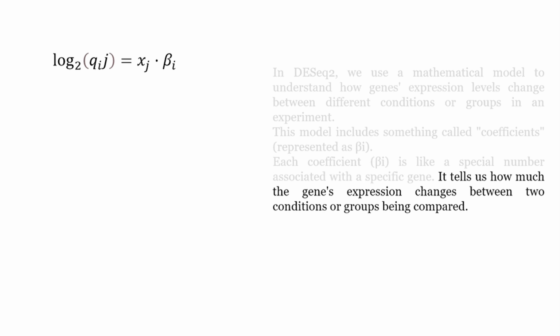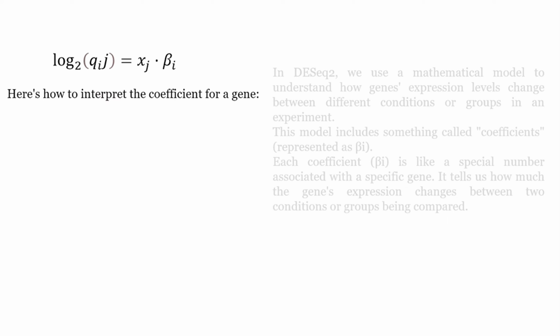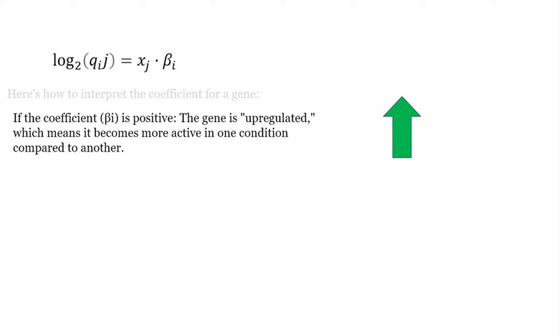It tells us how much the gene's expression changes between two conditions or groups being compared. Here's how to interpret the coefficient for a gene. If the coefficient beta i is positive, the gene is upregulated, which means it becomes more active in one condition compared to another. If the coefficient beta i is negative, the gene is downregulated, which means it becomes less active in one condition compared to another.